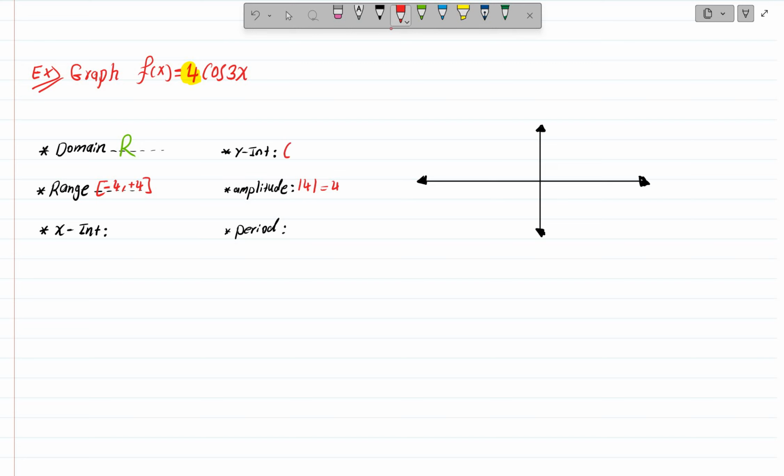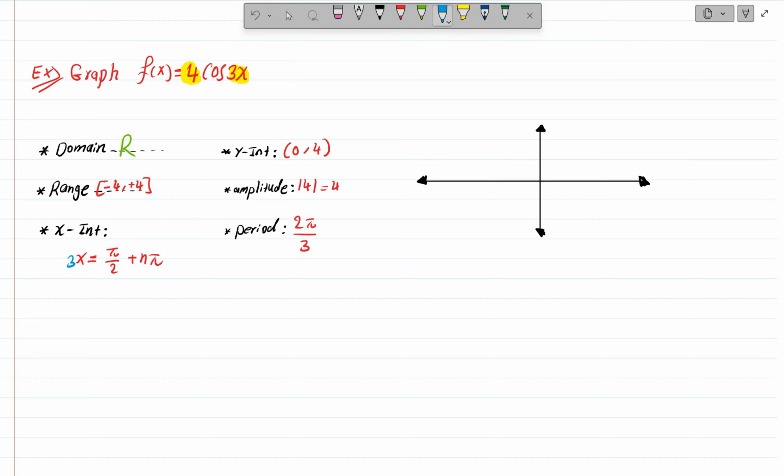Y-intercept again is about this value, which is 0 and 4. Period is 2 pi divided by b, which is 3, so 2 pi over 3 is going to be our period. X-intercept, I told you x equals pi over 2 plus n pi, but look here, we have 3x, so you should write 3.